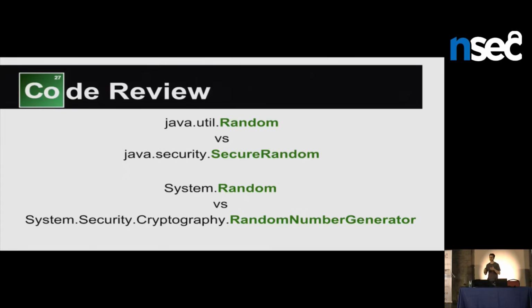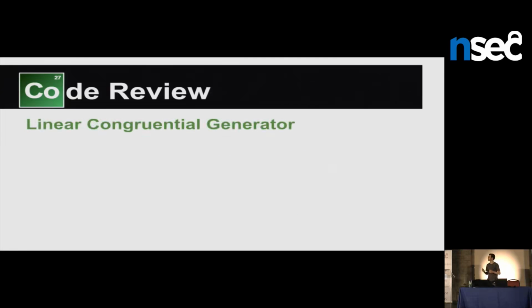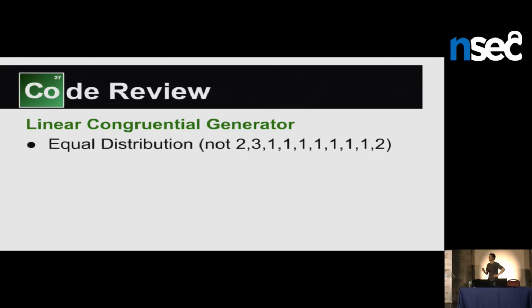So what's really the difference between those two types of API? LCG versus a secure random, what goal is each trying to achieve? First, the goal of the LCG is not security. The idea is to have equal distribution. If you're generating a random value for a game or just to generate data, you don't want the same value to repeat.